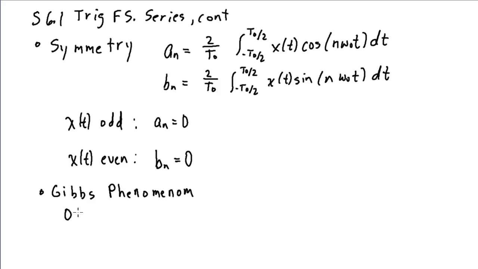This is the term that's applied to oscillations that appear in our Fourier series approximation. So if we terminate the Fourier series after a finite number of terms, we'll see that there are oscillations in our truncated series at discontinuities of our original function.